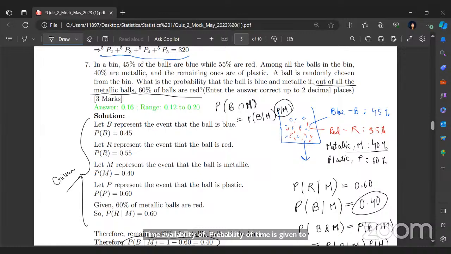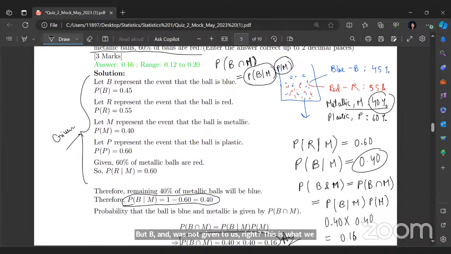That was 40%, which is 0.40. But B given M was not given to us, right? This is what we concluded from probability of R given M. So it will not always be given. You will have to read all the information provided to you, and from there are a few things that you can conclude.